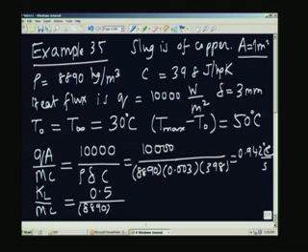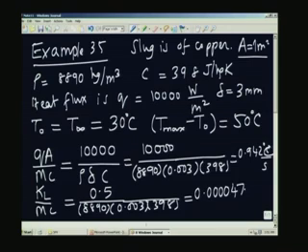So, 8890 multiplied by 0.003 multiplied by 398, and this comes to 0.00047. The unit is per second.